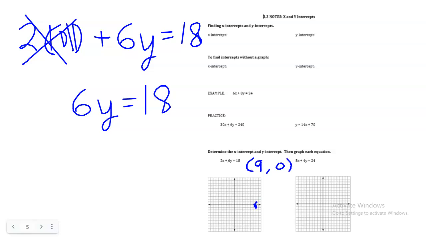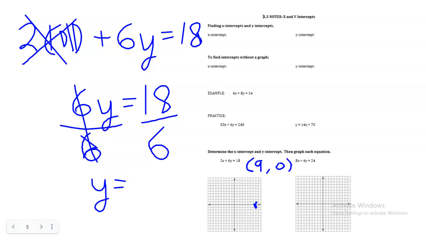I want to get the y by itself, so I'm going to divide both sides by 6. When I do that, those cancel out, and I've got y is equal to 18 divided by 6, which is 3. So that means when x is equal to 0, y is equal to 3.